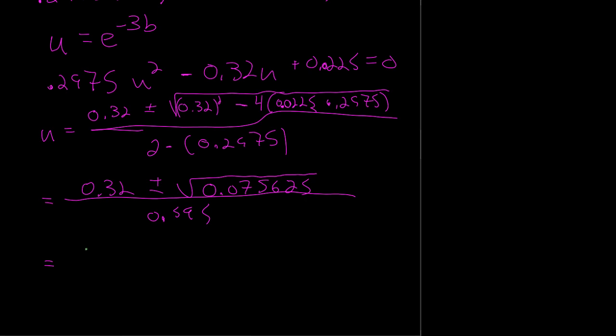So the addition, I get 1 for my first term. 0.32 plus the square root of 0.075625 is 0.595. Divide by 0.595 and you get 1.